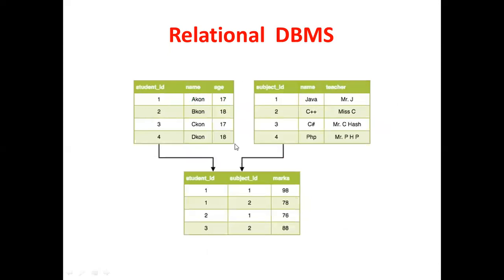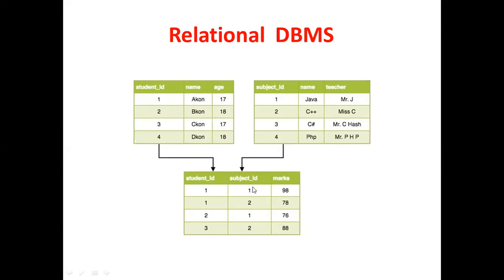This is another way. In the first way, I saw that there is one common field through which you can access the data. This is one table, this is another table. Here the student information is carried, and here the subject information is stored. From these two tables, I create another table, putting down some relationship: student ID 1 is taken with subject 1 having marks of 98.